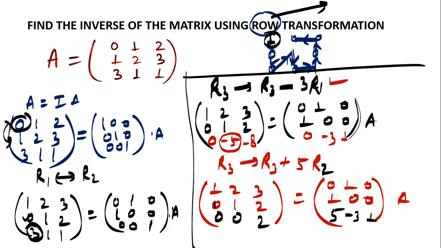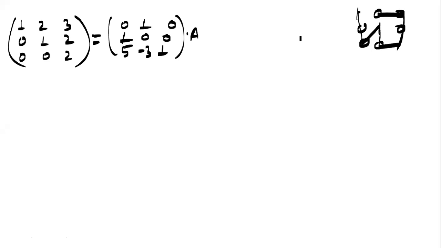Now the next step, 1, 0, 1, 0. I have to make it 1. Now my purpose is to make it 1. What can be done? I can write R3 arrow, I can divide it by 2.